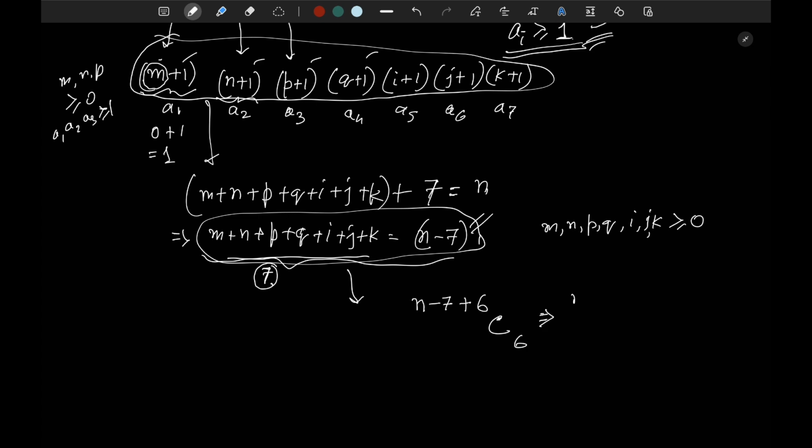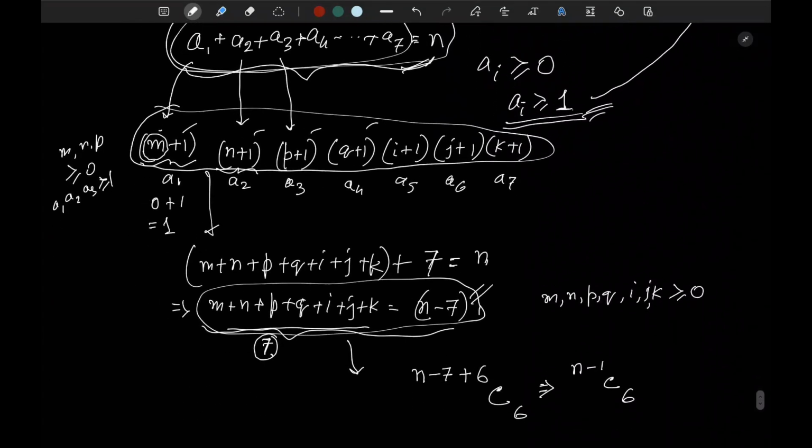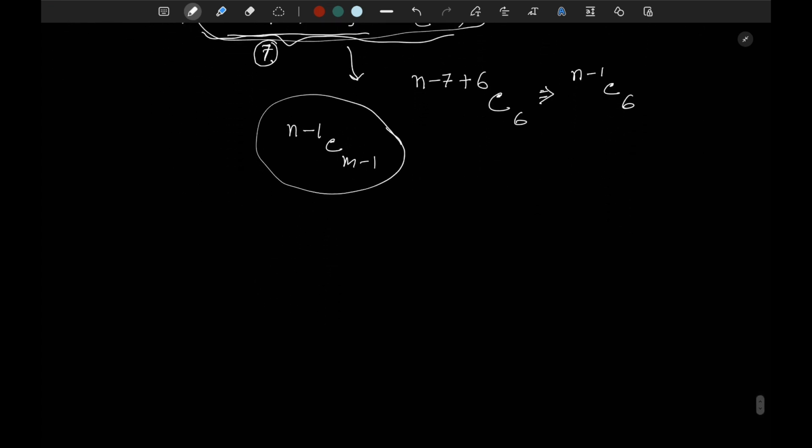So this becomes n minus 1 choose 6, or in terms of m and n, n minus 1 choose m minus 1. So we already got two formulas.